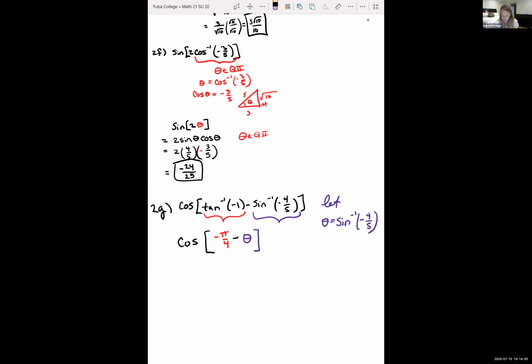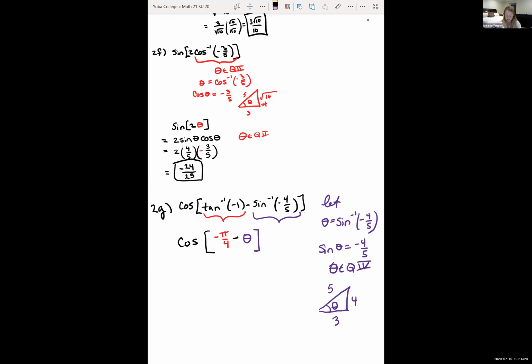Taking the sine of both sides, sine theta is equal to -4/5. Theta is contained in quadrant 4 since it's negative. Make your triangle. So sine is opposite 4, hypotenuse 5. This side ends up being 3 when you use the Pythagorean theorem.